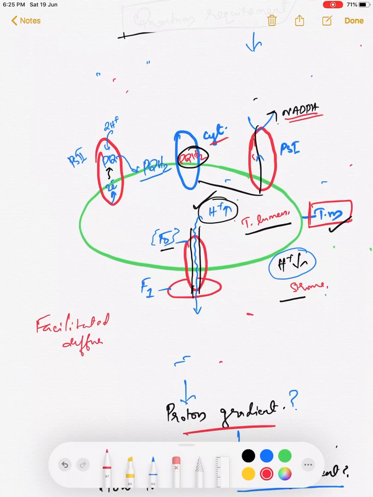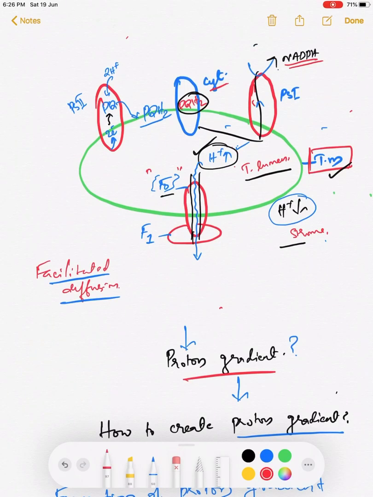What is facilitated diffusion? Facilitated diffusion is nothing but movement of molecule from their higher concentration to lower concentration using protein. Remember, here the protein is nothing but FO particle and movement is from higher concentration of H plus to lower concentration of H plus. So the movement is also called facilitated diffusion. This facilitated diffusion of H plus ions during light reaction is also called chemiosmosis.